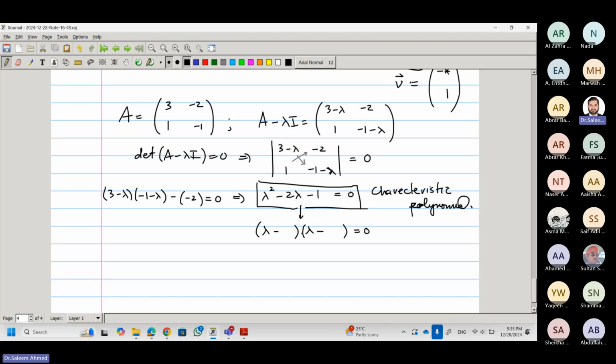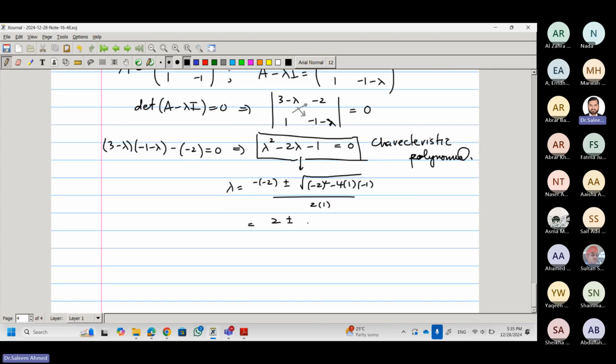So I can use the quadratic formula. The quadratic formula says minus b plus minus square root of b square minus 4ac, divided by 2a.